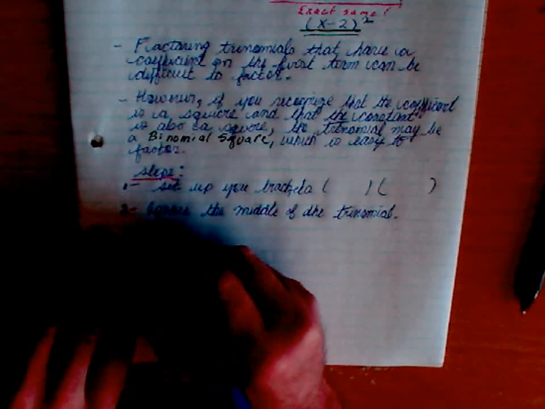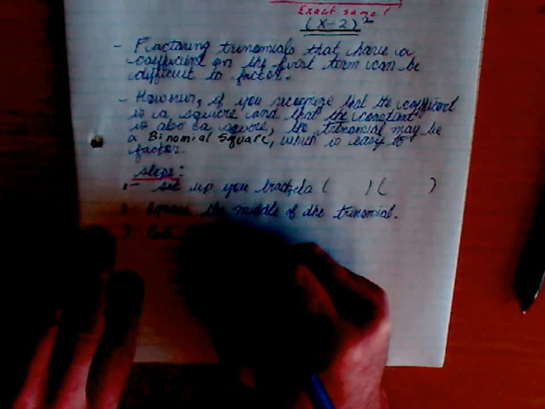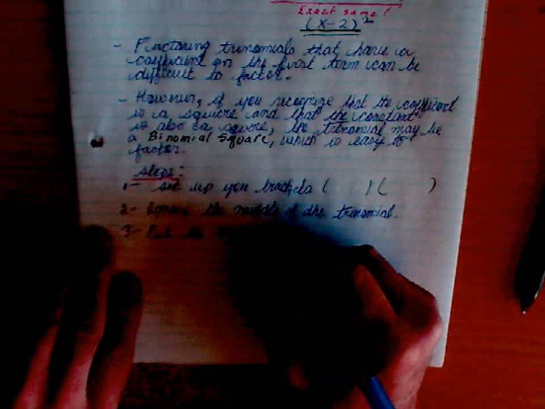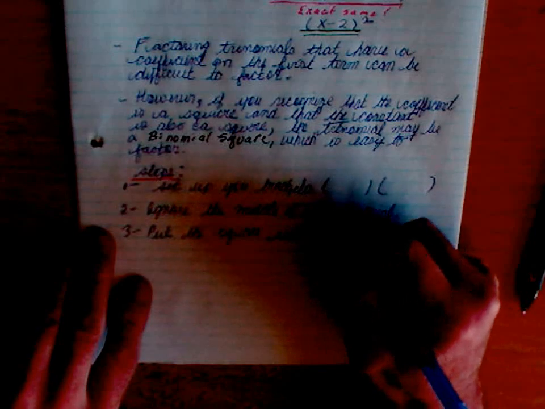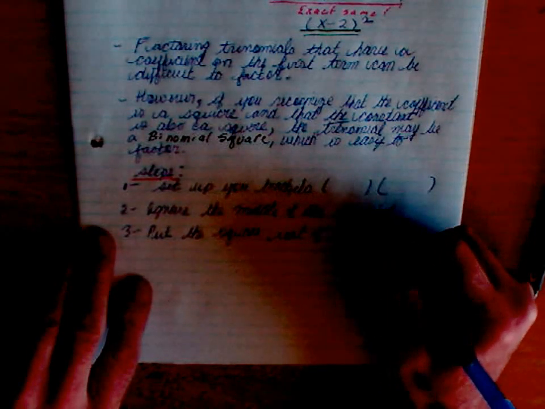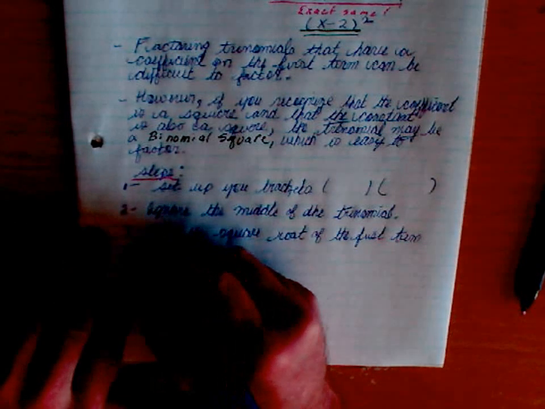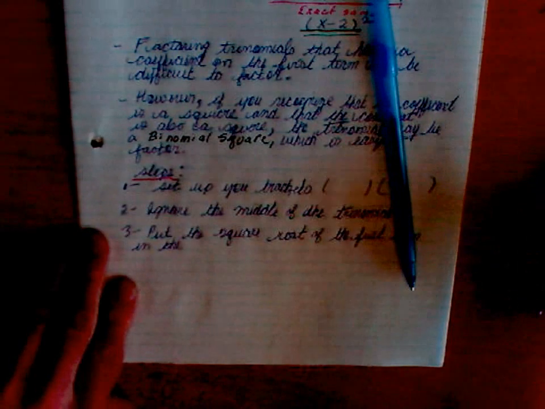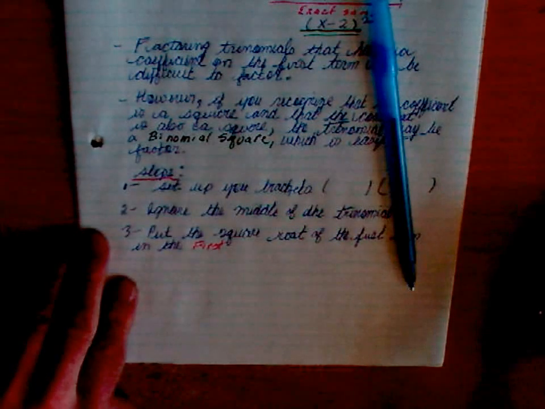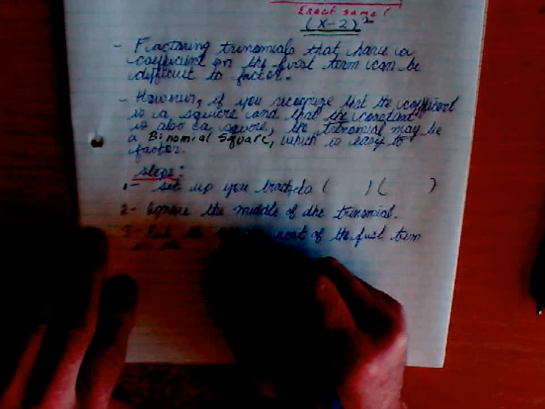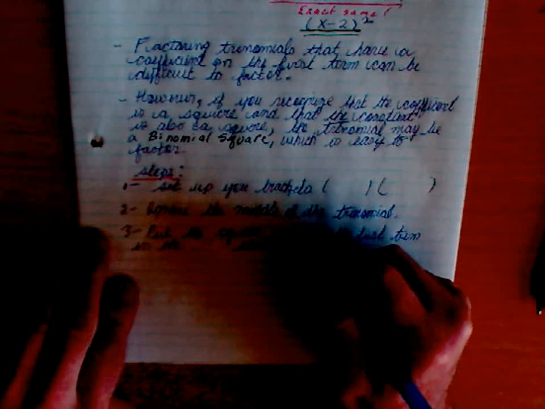Step 3, you're going to put the square root of the first term in the first slots of the brackets. I'm saying first because that's part of our acronym FOIL.